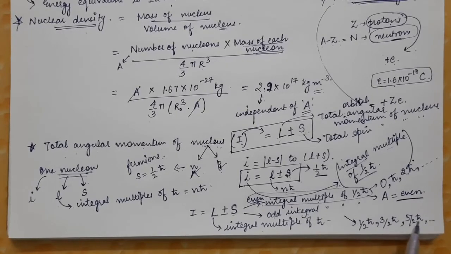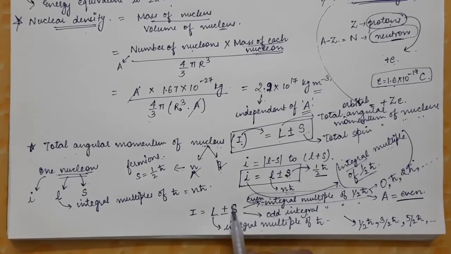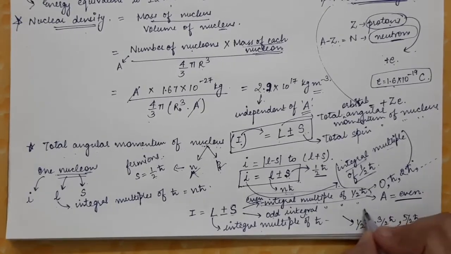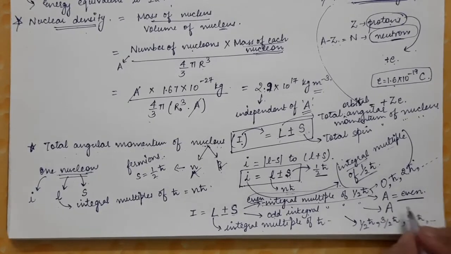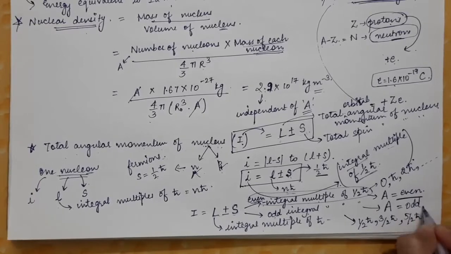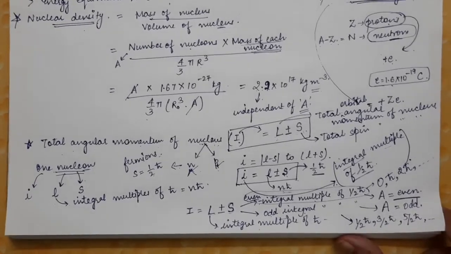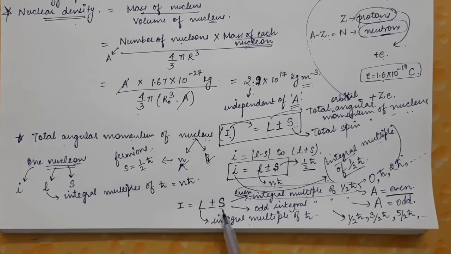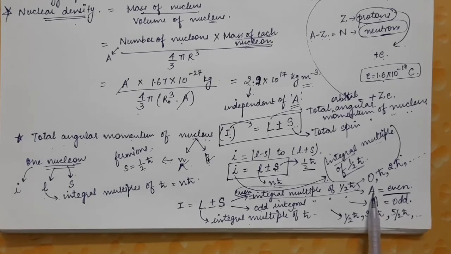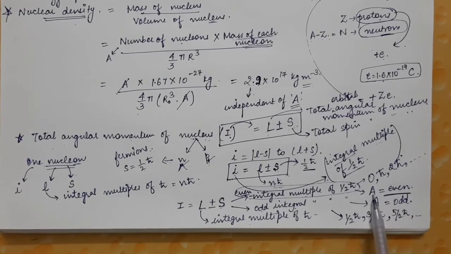So capital S will take these values only when capital A, the total number of nucleons present inside the nucleus, is odd. So these are the values which will be taken by capital S, and the value of capital S depends upon whether the number of nucleons present inside the nucleus is even or odd.